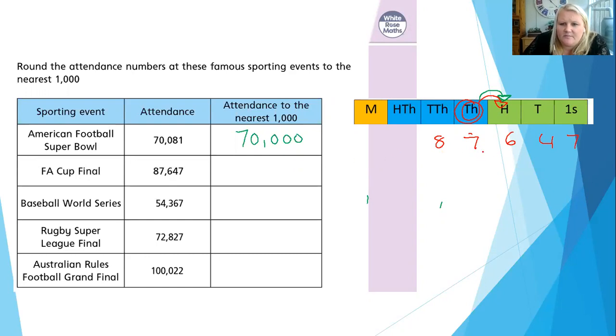So we know this is the number I'm most interested in, so it could be 87,000 or 88,000. It's a 6, and we know that 5, 6, 7, 8, 9 rounds up, so it's going to round up to 88,000.